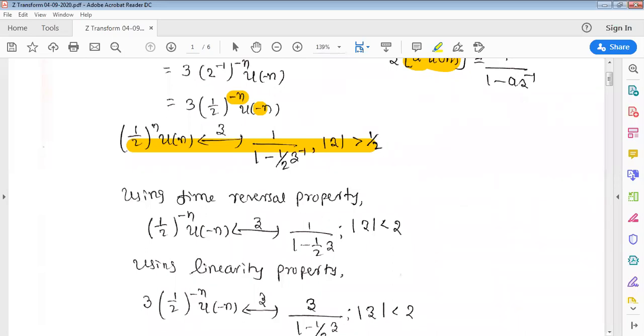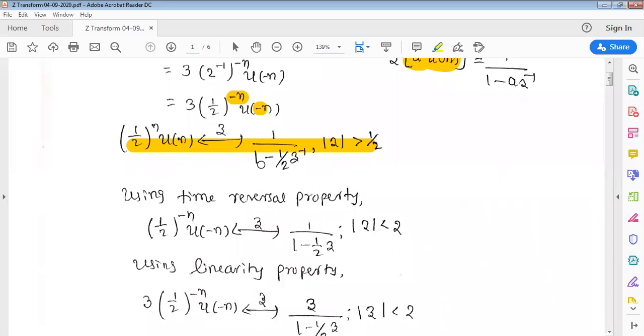Now I don't want the z transform of 1 by 2 power n u of n, but I want the z transform of 1 by 2 power minus n u of minus n. So I'll use the time reversal property. 1 by 2 power minus n u of minus n, z transform, I'll multiply with z.